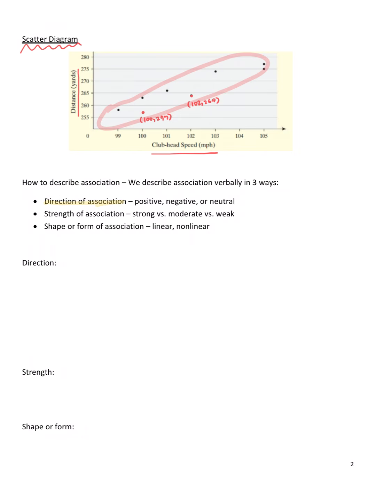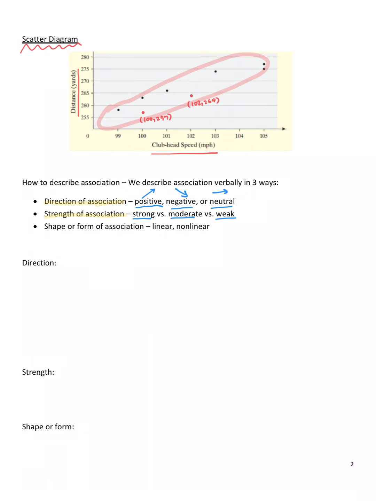The direction of association is either positive, negative, or neutral. So going up or going down, or it's not going up or down, it goes flat. Then we have the strength of the association, and the strength of the association can be either strong, moderate, or weak.